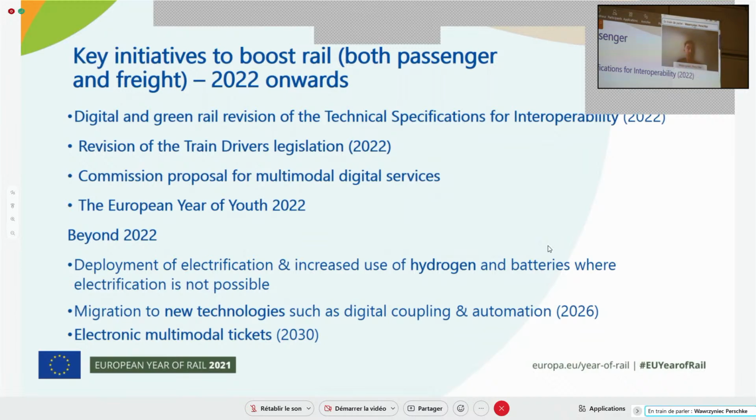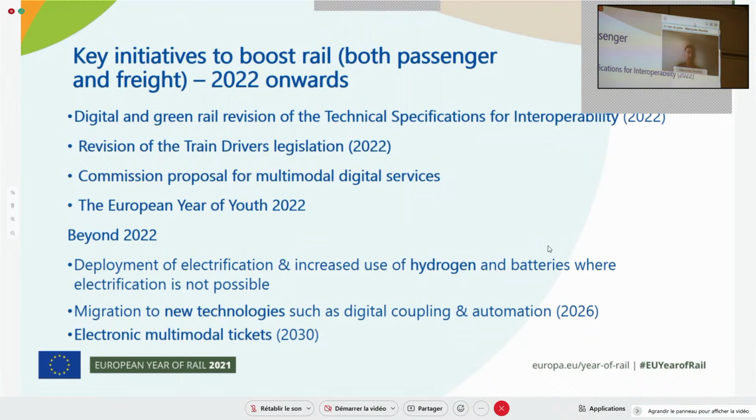The upgrade of the radio towards FRMCS, and the effective introduction of automated train operations that we are all waiting for. We also try to improve the cross-border services through adapting the train drivers directive, and we are looking for different digital arrangements so that multimodal transport becomes quicker, easier to deal with.